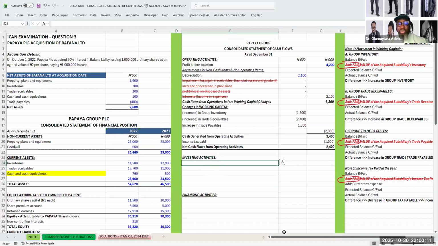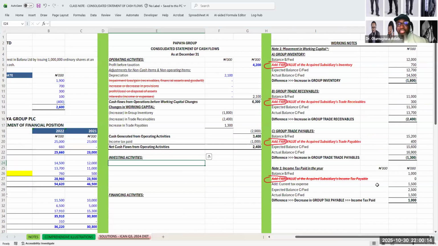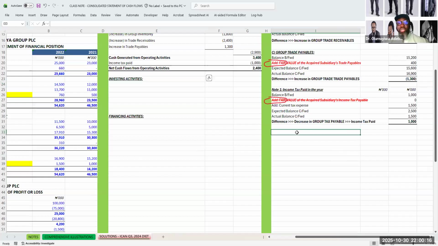Now, when a subsidiary is acquired, you need to determine what is your net cash investment in the subsidiary. And what does that mean? Let us look up.